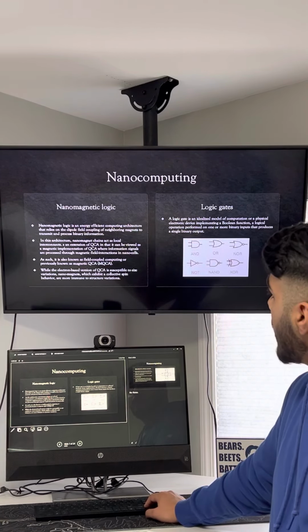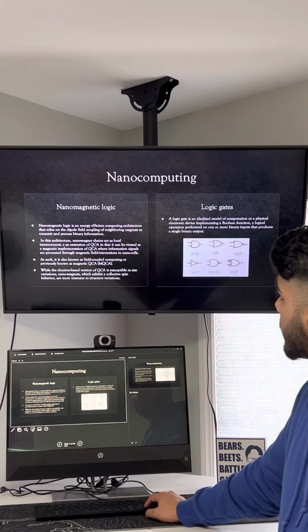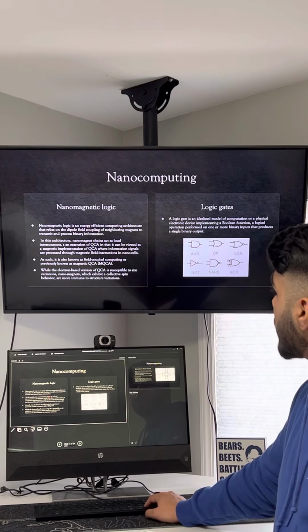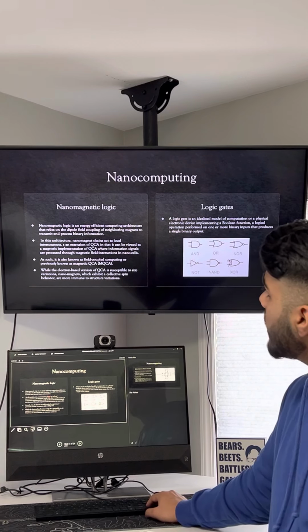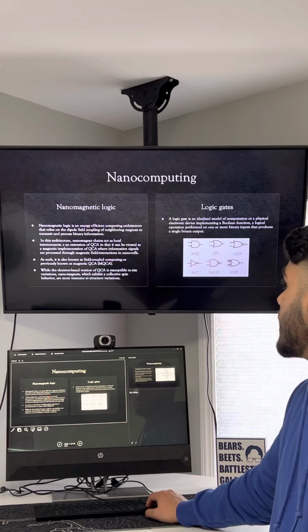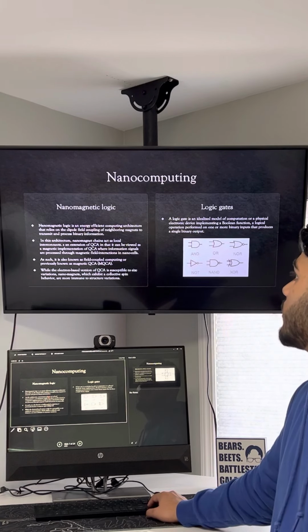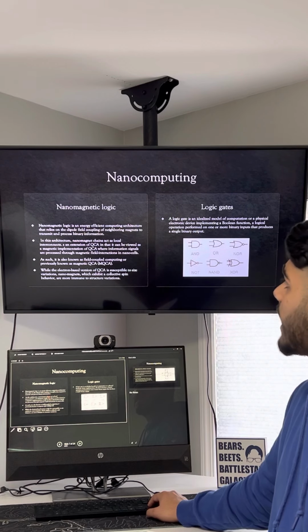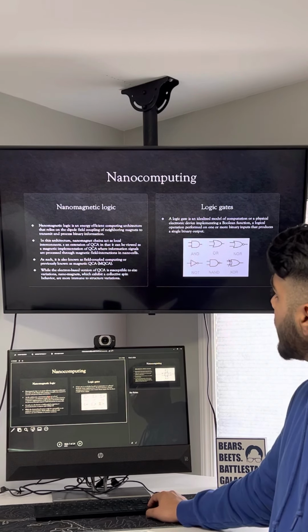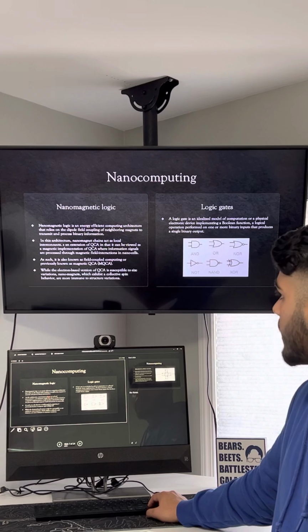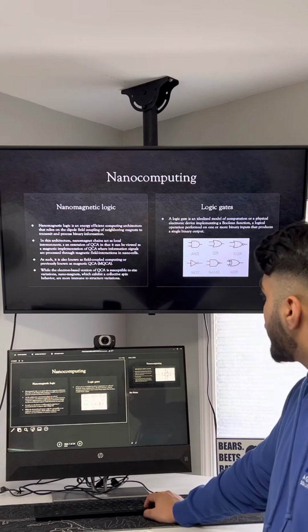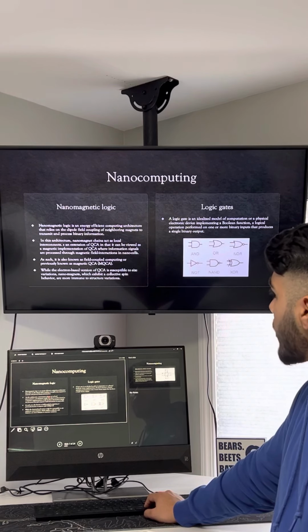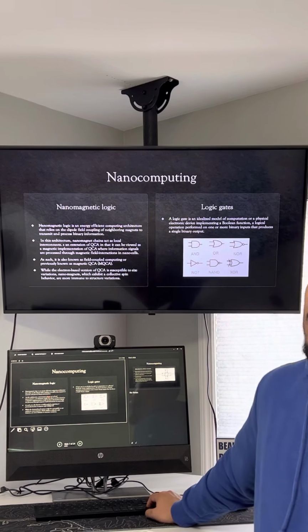nanomagnetic logic is an energy-efficient computing architecture that relies on the dipole field coupling of neighboring magnets to transmit and process binary information. In this architecture, nanomagnetic chains act as local interconnects and extensions of QCA, and can be viewed as a magnetic implementation of QCA, where information signals are processed through magnetic field interaction in nanocells.